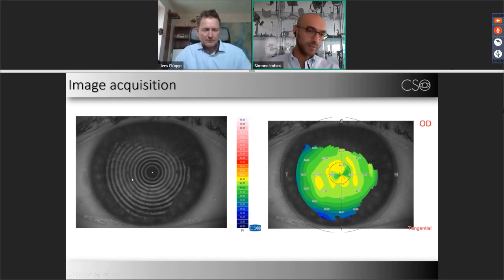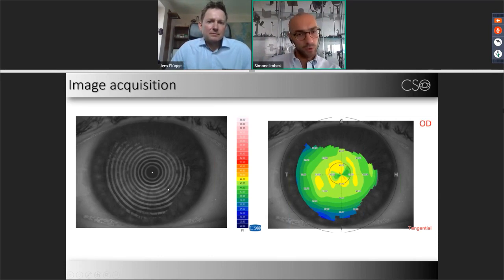First of all, as you can see from this keratoscopy, the quality of this tear film is really poor. I want to focus your attention on the central part. So this ring is affected by the reflection, by the low quality of the tear film.